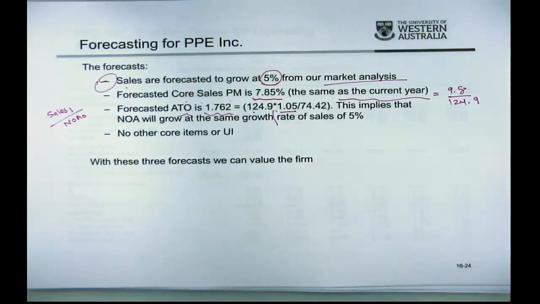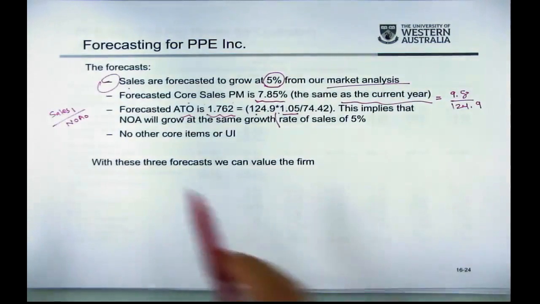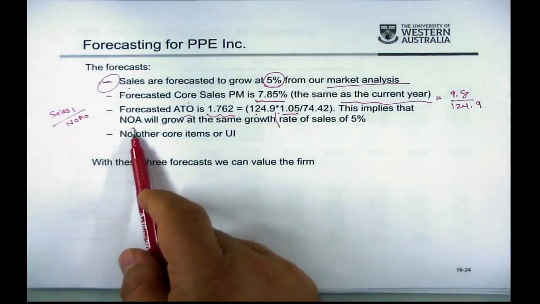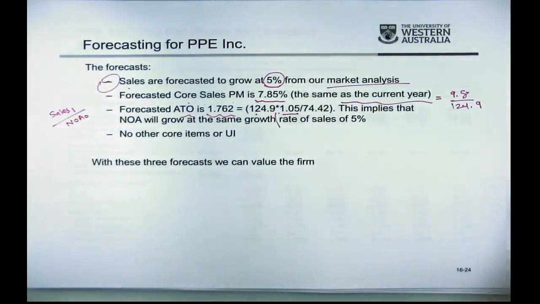If it is assumed to be constant every year, then the implication, if you still remember, is that net operating assets will grow at the same growth rate as sales. Do you remember? Go to the second last slide of the first part of the lecture.